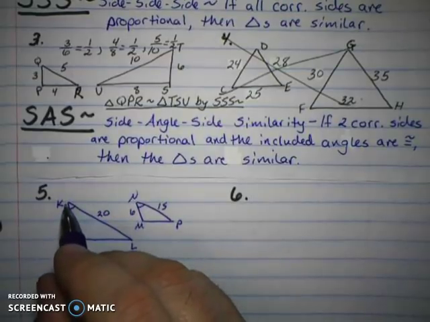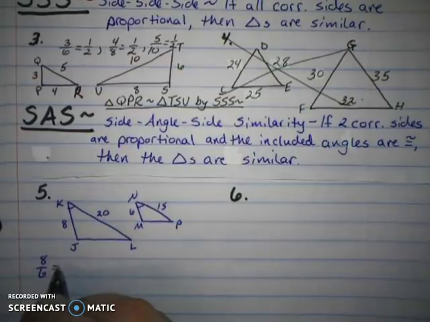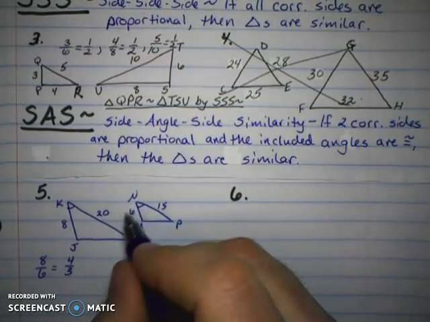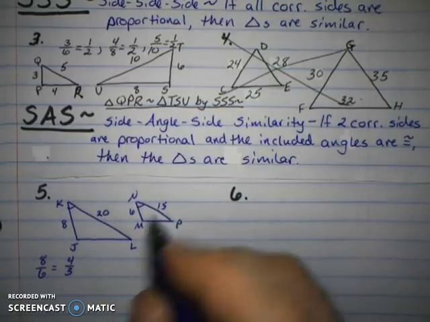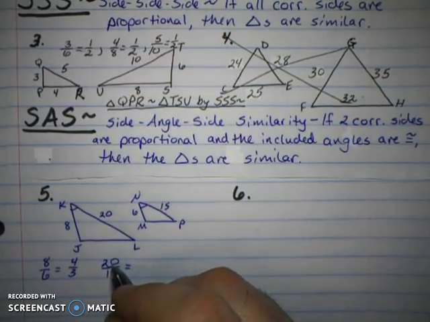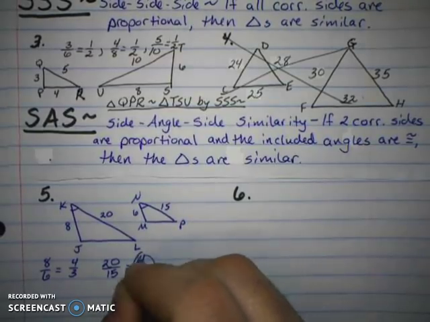Okay? So we're going to check the ratio of 8 to its corresponding side 6, which would be 4/3. And we're going to check 20 to its corresponding side 15. These can both be divided by 5. 20 divided by 5 is 4, 15 divided by 5 is 3, so we get 4/3.